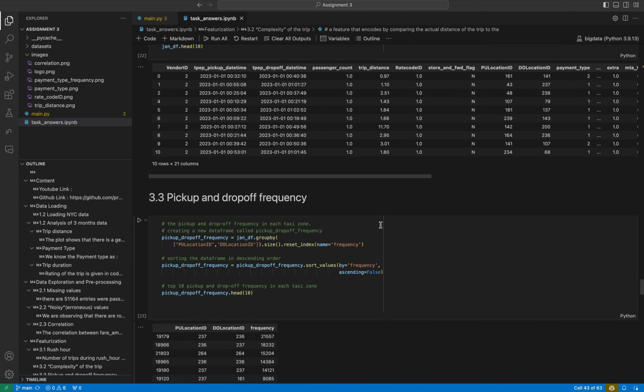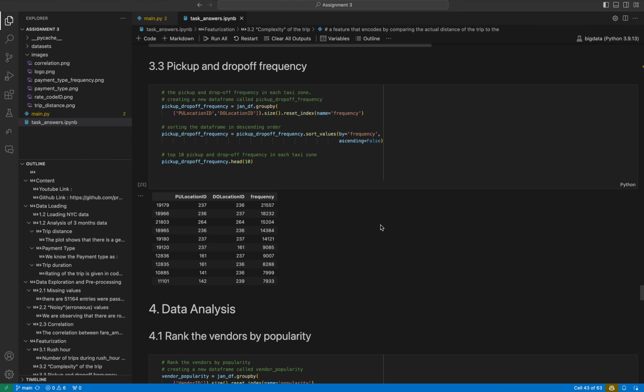Further ahead, pickup and drop off frequency is how many times a customer was picked up and dropped off from the same location. We can see that this particular value is the highest pickup and drop off frequency.